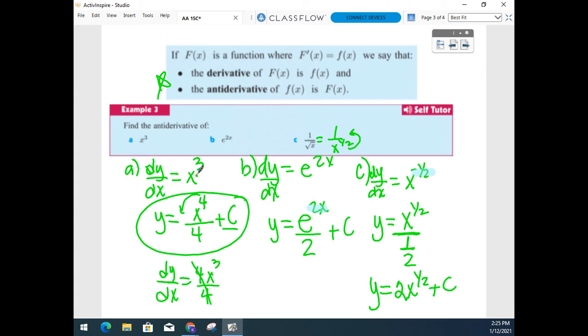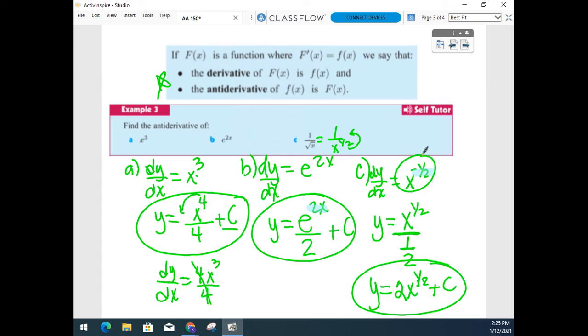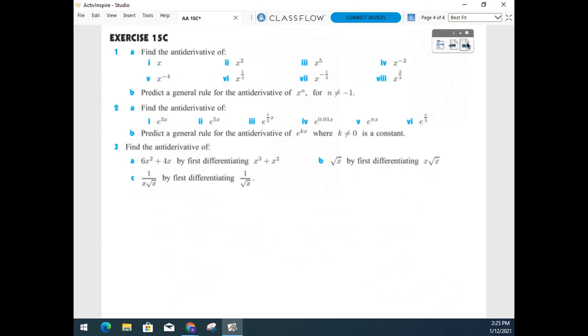If you don't get the same answer, that's when you need to adjust. But you can always do a quick derivative of the answer you got and see if it works. So like this last one, 1/2 times 2 is just 1x to the negative 1/2. Well, isn't that what we started with? And there's some homework.